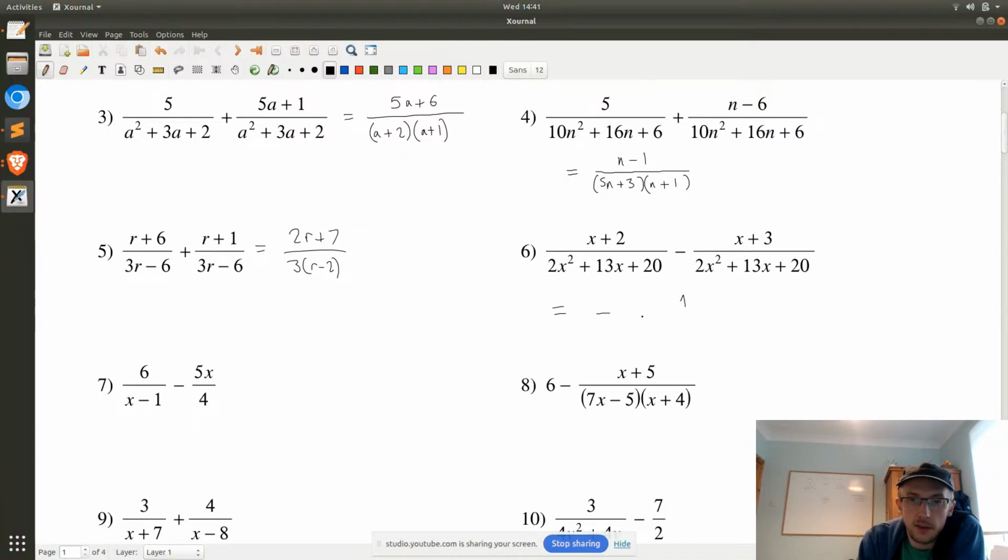And it would literally just be -1 all over. And does this factorize now? We do b squared minus 4ac, so 169 take away 160, so that actually can.